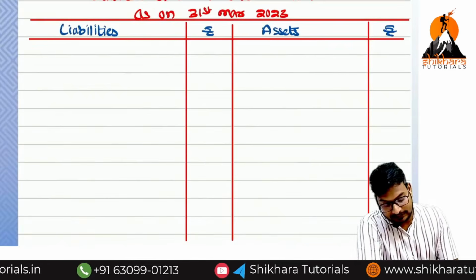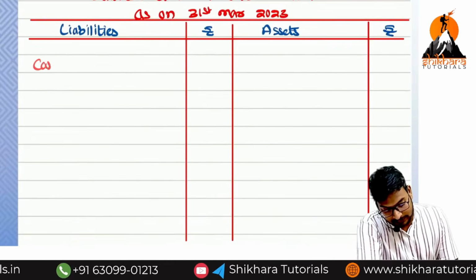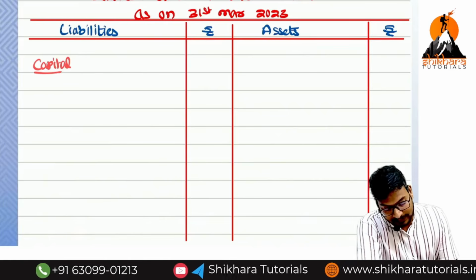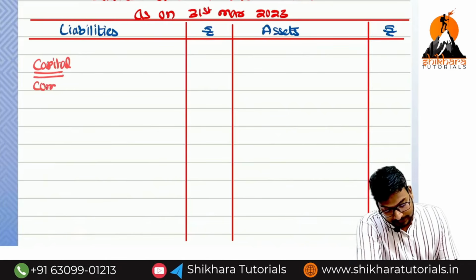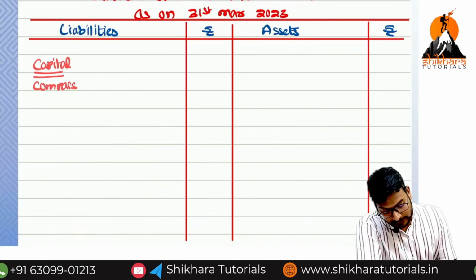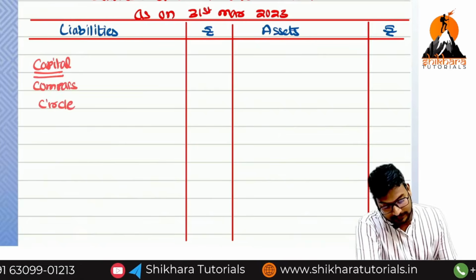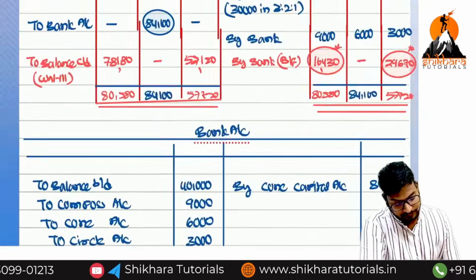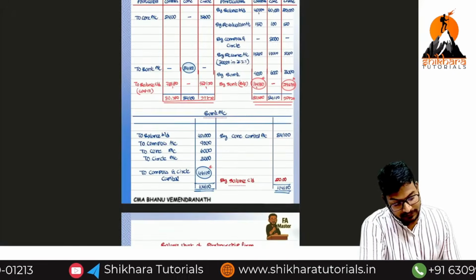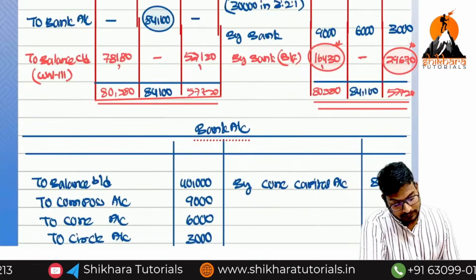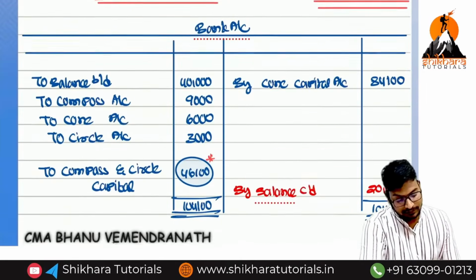So in the balance sheet, first write the capitals. What are the capitals we are having, amma? Only compass and circle. What are the closing balances? 78,180 and 52,120.